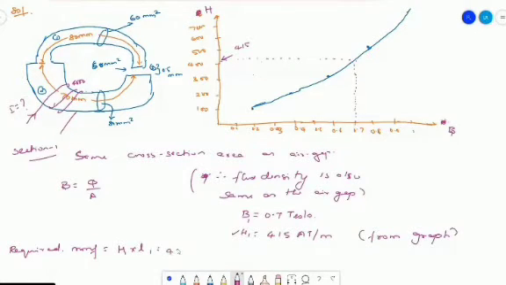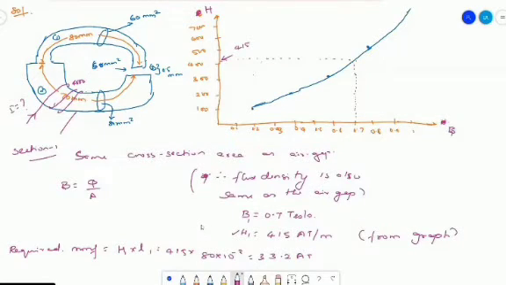So this will be 415 into, and this length is given to be 80 mm, so it is 80 into 10 to the power minus 3. We will be getting around 33.2 ampere turns. Okay, so this is about section 1.